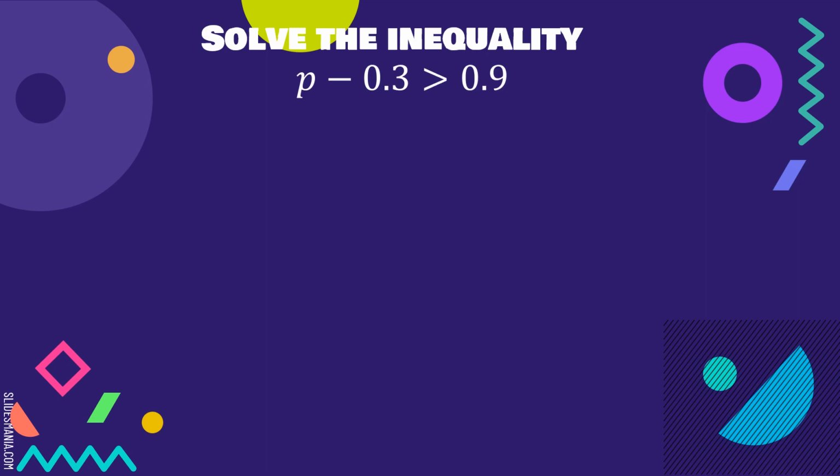Another problem of inequality is this one. p minus 0.3 is greater than 0.9. So the first thing that we're going to do is eliminate this minus 0.3 by adding 0.3 on both sides of the inequality.